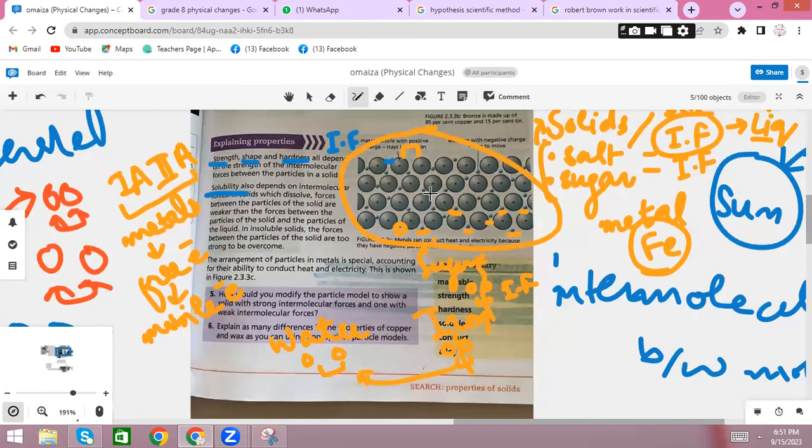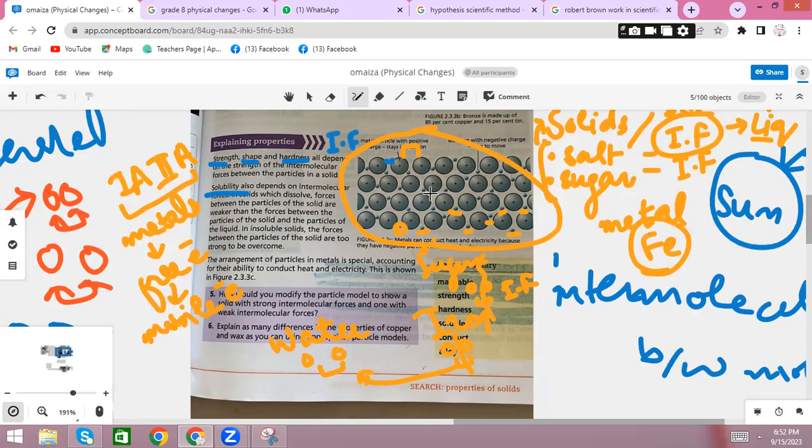Is it clear now? So if it has less, it's soluble. If it has more, it's insoluble. Yes, Umayza, it's right. If it has more intermolecular forces of attraction among its particles, then it cannot be dissolved. It is insoluble. If it has less, it is soluble. Clear?